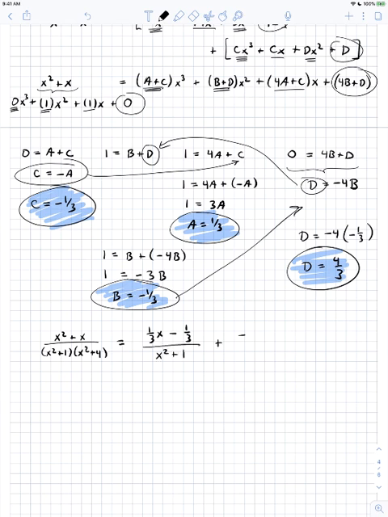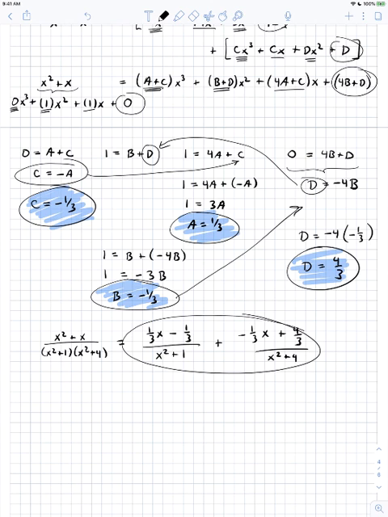plus, and now it's c, minus 1/3 x plus d, over x squared plus 4. If we want to integrate the thing on the left, which we do, we can actually integrate the thing on the right. Now, that might not seem like it's anything better, because how are you supposed to integrate those?